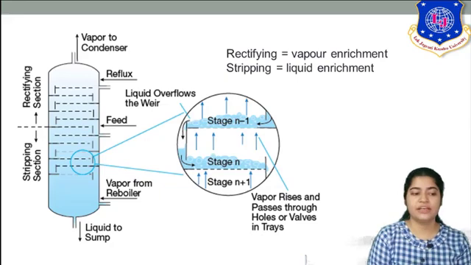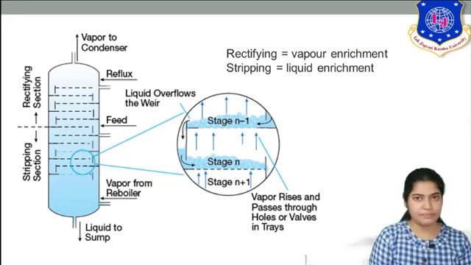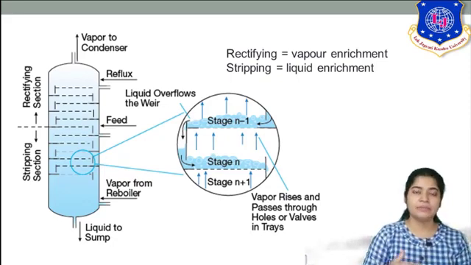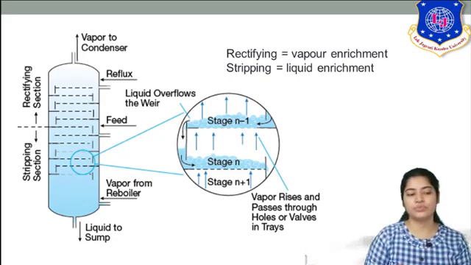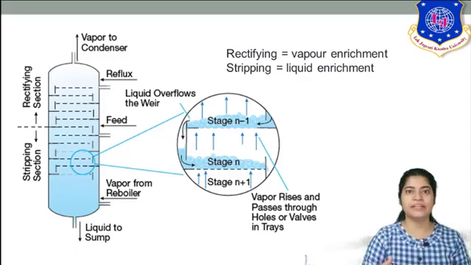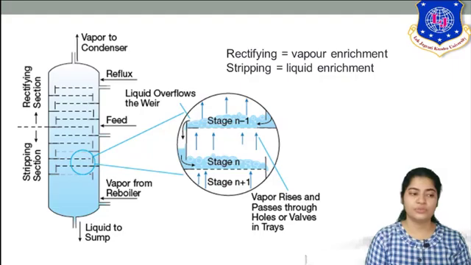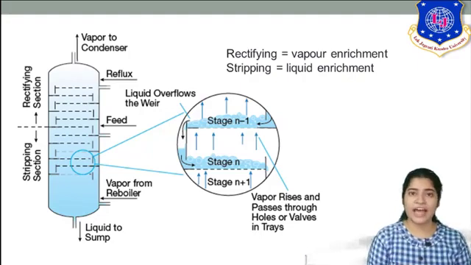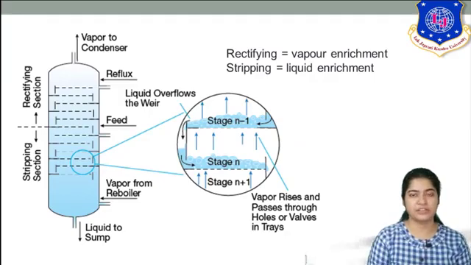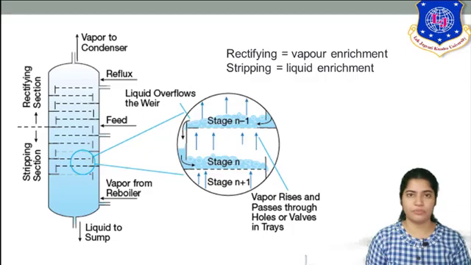So here you can see feed is introduced, so that is your feed plate. The area including the feed plate and the plates below it are included in your stripping section. Whereas plates above the feed plate are your enriching section. So you can see enriching or rectifying section, okay. In the rectifying section you can see reflux is happening. So the vapors rising upwards are washed with your reflux, and so less volatile components are taken out from your vapors.